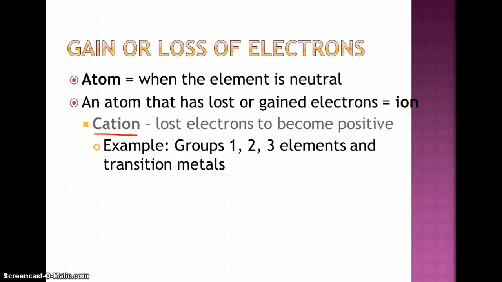So just to review, if you are in group number 1, elements have 1 valence electron. They want to get rid of that 1 valence electron, so they're going to lose 1 electron, and they're going to become a positive 1 charge.